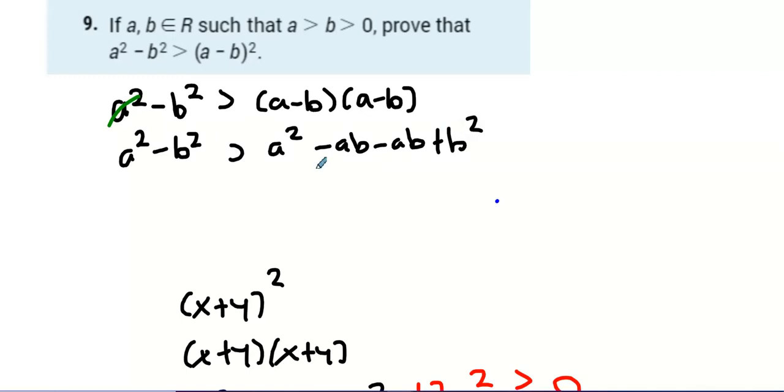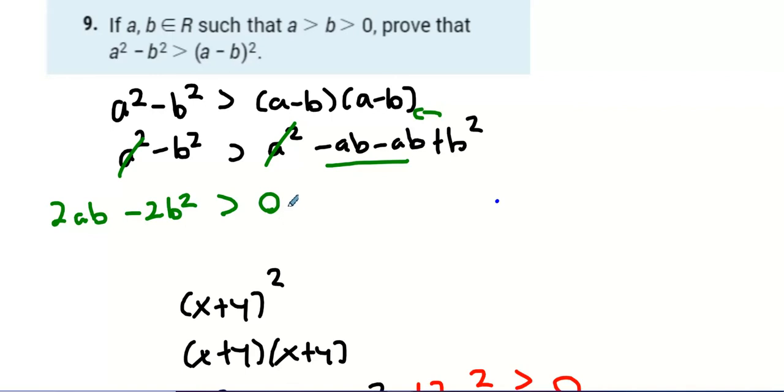Great. Now, here's what we're thinking. Bring the b squared to the other side: minus 2b squared. Bring the ab and the ab over to the other side: 2ab. Now, guys, this is really tricky, right?